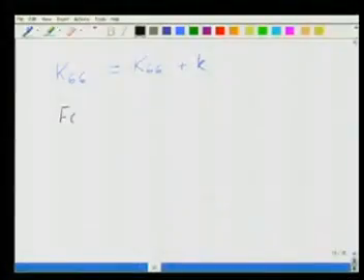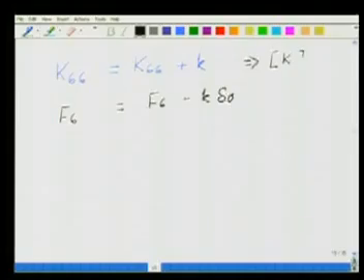So now we will put K66 is equal to K66 plus small k, F6 is equal to F6 minus k delta naught. So these give us our modified stiffness matrix K and the modified load vector F.